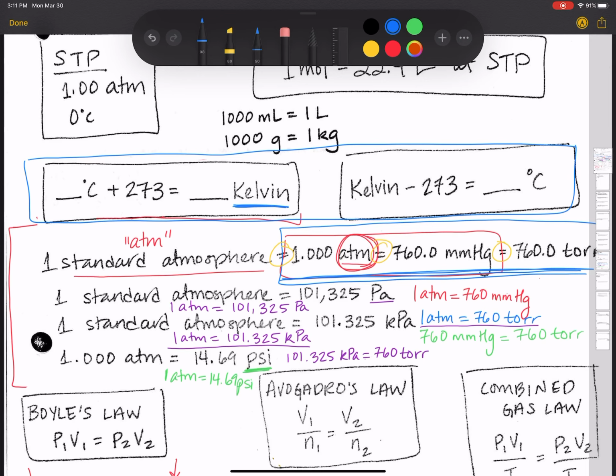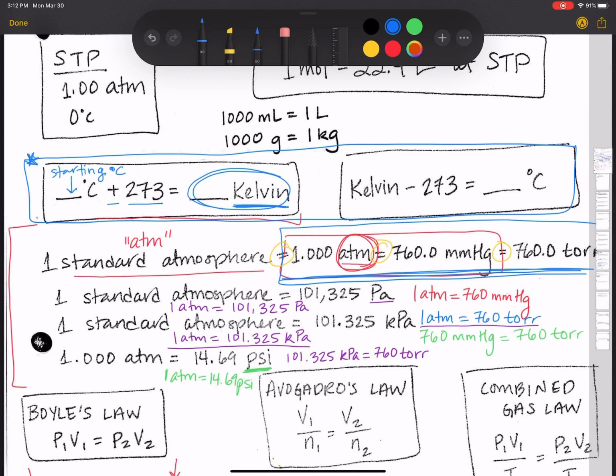This is most likely the one that you're going to use most often, where you're starting with your degrees Celsius. This would be the information given to you in a problem, where they would tell you here's the temperature in Celsius, and you would plug it into this formula. You would then add 273 to get your answer in Kelvin.